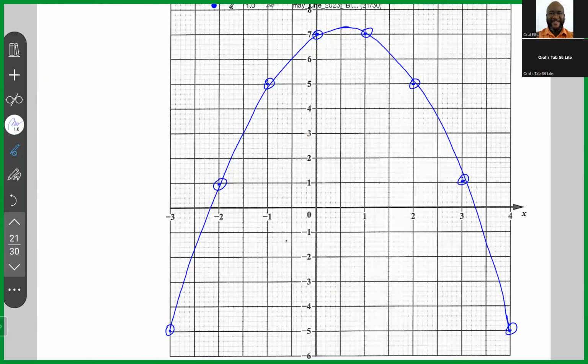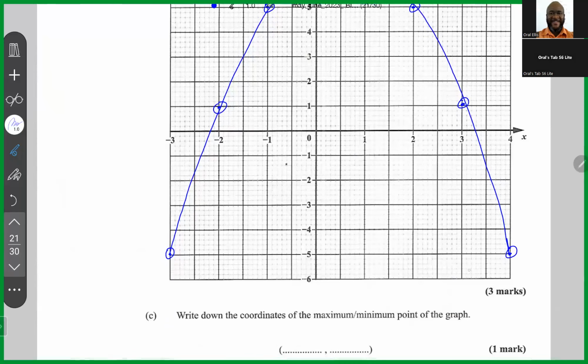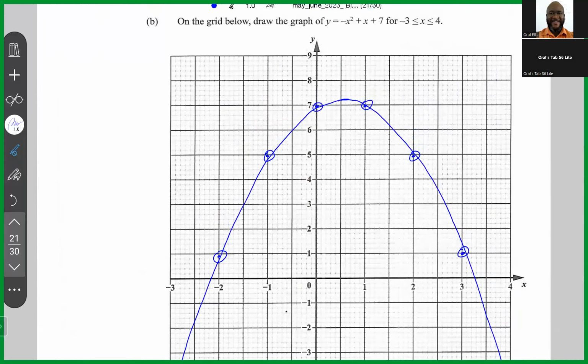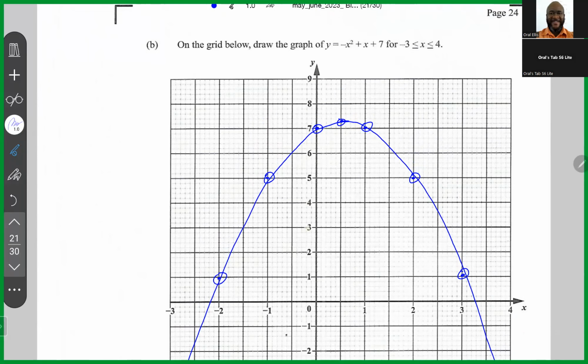All right, so after we draw a graph, obviously you must label your graph. So this is the graph of y is equal to minus x squared plus x plus 7. We're asked to write down the coordinates of the maximum point. The maximum point on the graph is about here, and I'm putting that about 7.3.